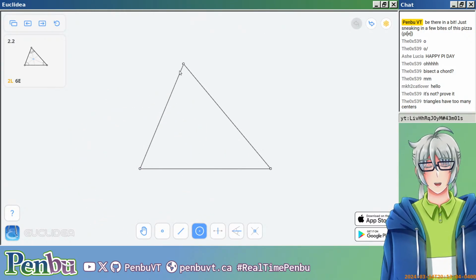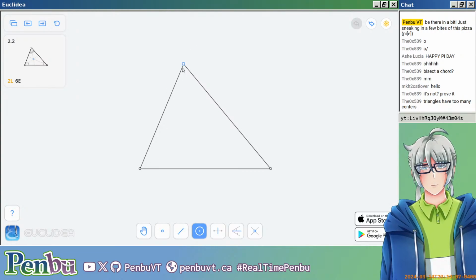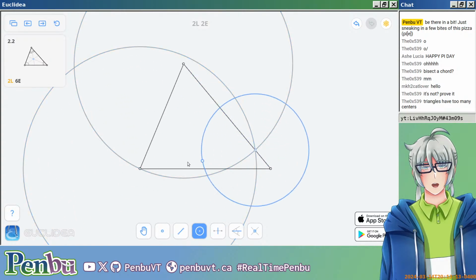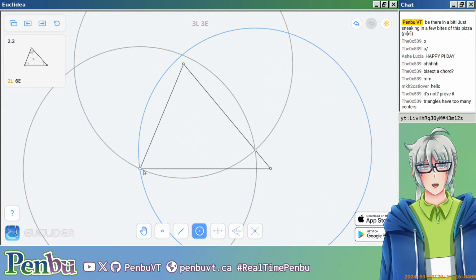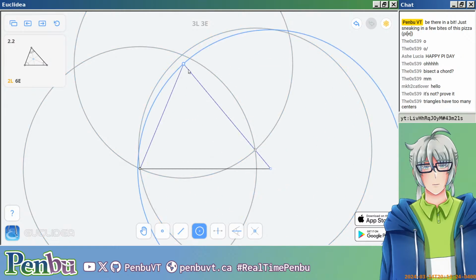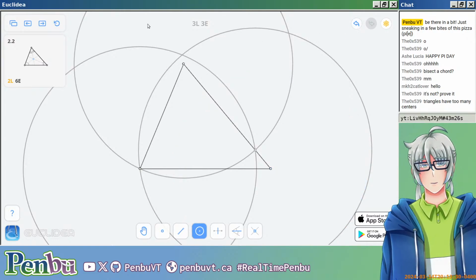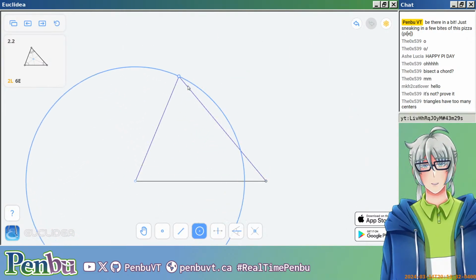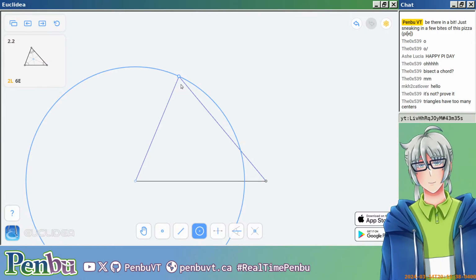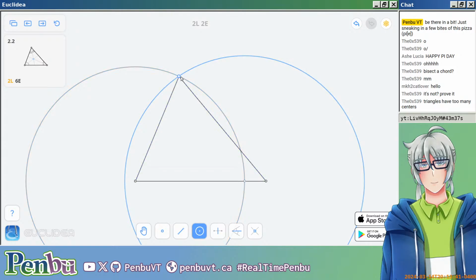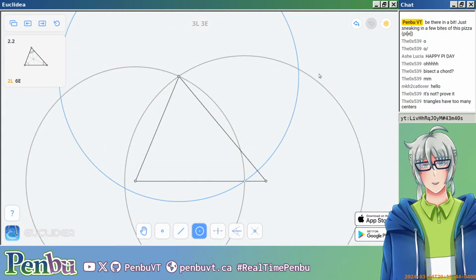Take the shortest side. So we do this, we do that, and then now we have a circle from here. No, that's not quite right. We need it on the other side. I think we make a circle here to somewhere. So now we can make this here. So this is the bisector here.